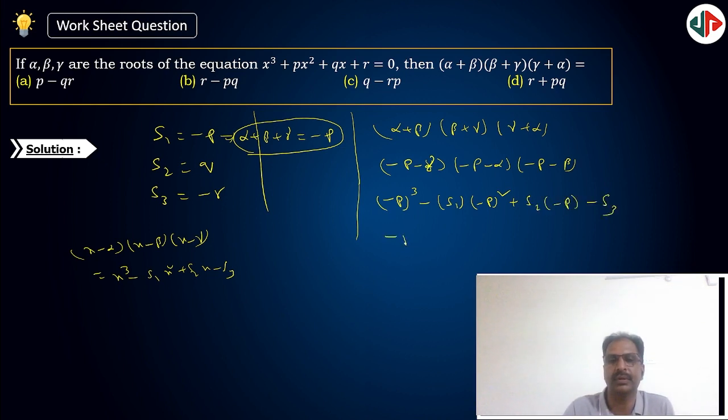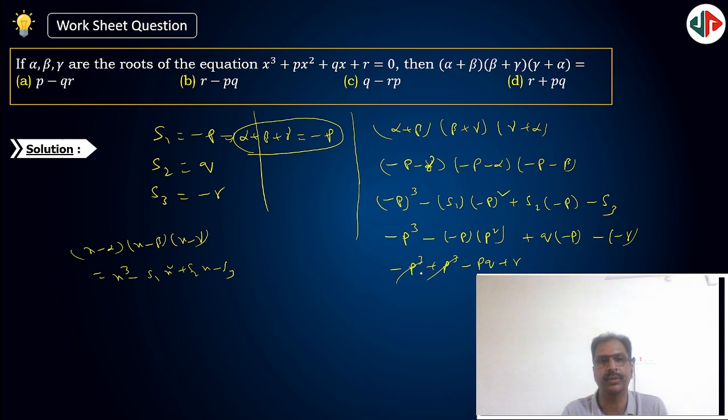Now substitute all the values. S1 is already minus p, so minus p into p square. S2 is q, S3 is minus r. So this is minus p cube plus p cube minus p cube plus r, minus p cube, option B.